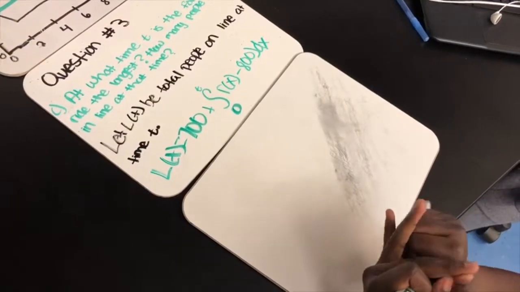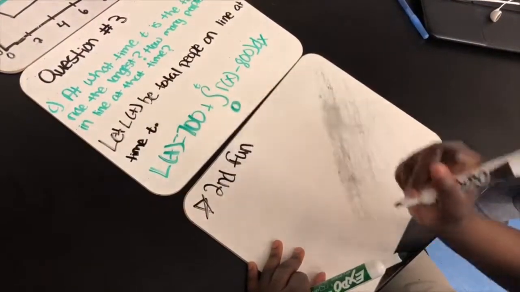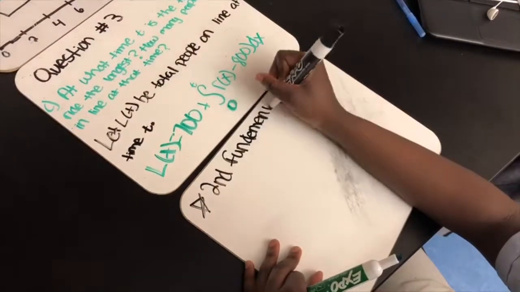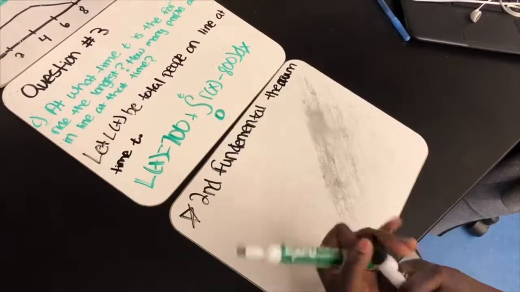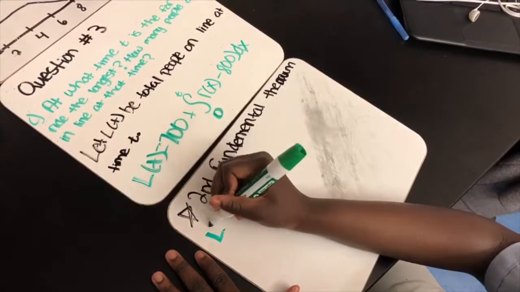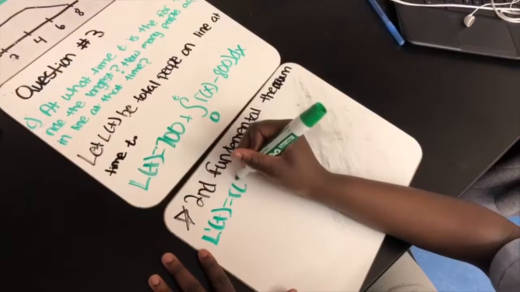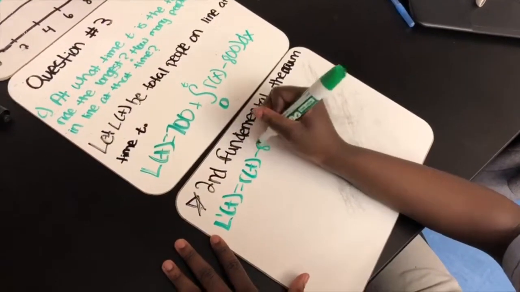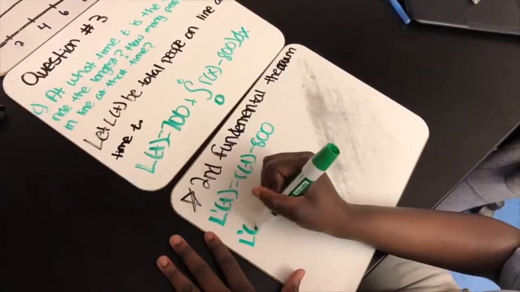As you can see, I'm writing down the second fundamental theorem. This is really important in calculus and for this problem because it holds for a continuous function on an interval at any point. So L prime of t is equal to R of t minus 800, using the second fundamental theorem on the first equation.